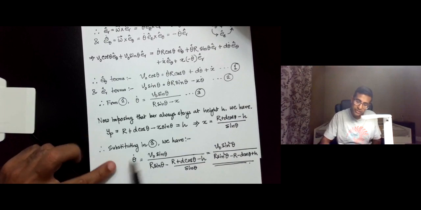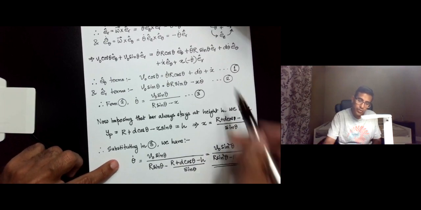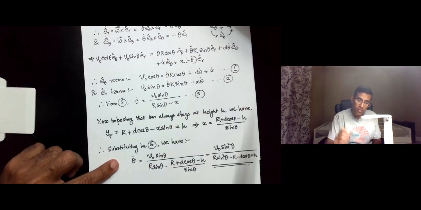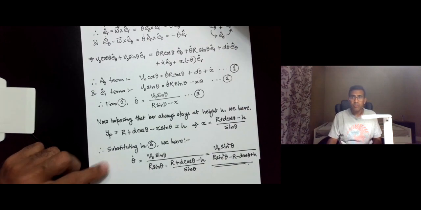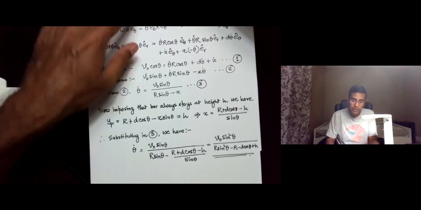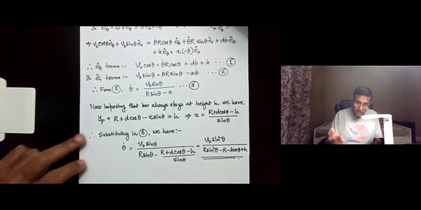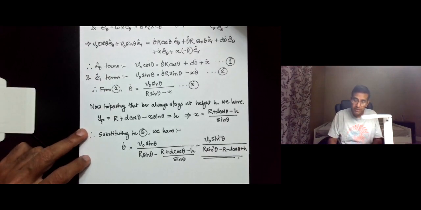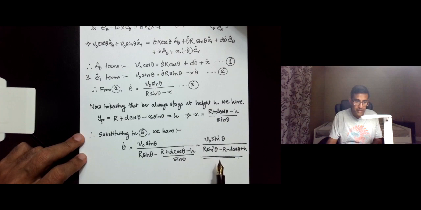And once you have this expression for theta dot, you can go back to equation 1 and solve for x dot. So that is the alternate approach, and if you check with the video on the previous method, you will be able to verify that indeed we have the same answer as obtained using method 1 where we used relative velocity.